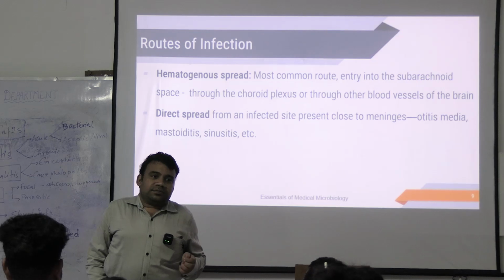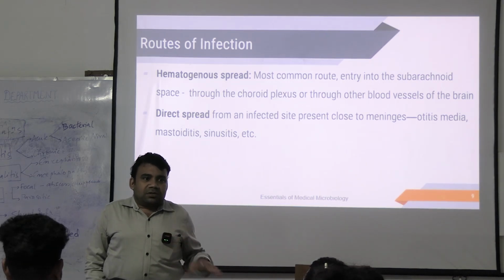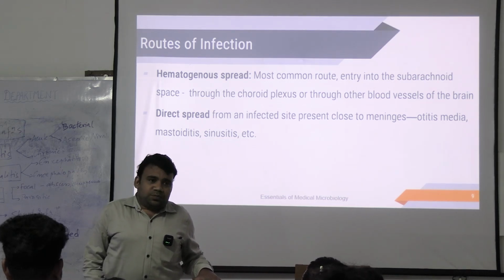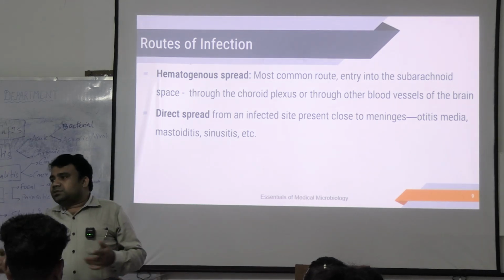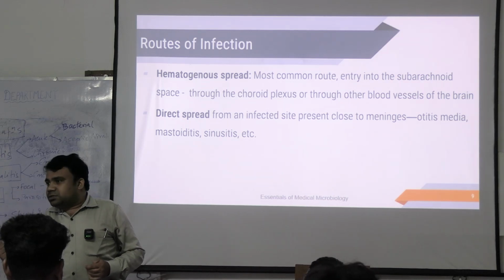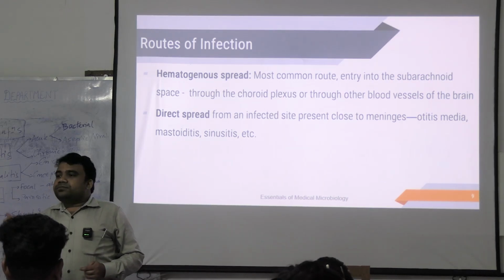Which plexus? There is a plexus called the choroid plexus. So how is CSF produced? What happens in this plexus? The fluid actually comes from the blood vessels through the plexus into the cerebrospinal space, right?